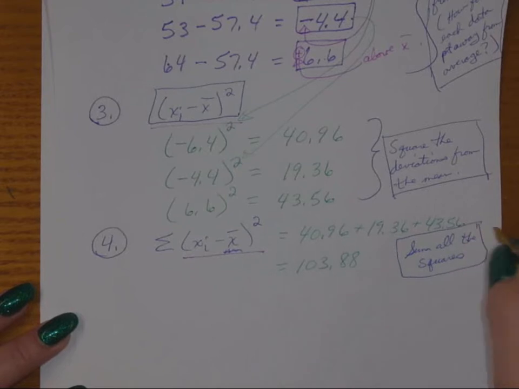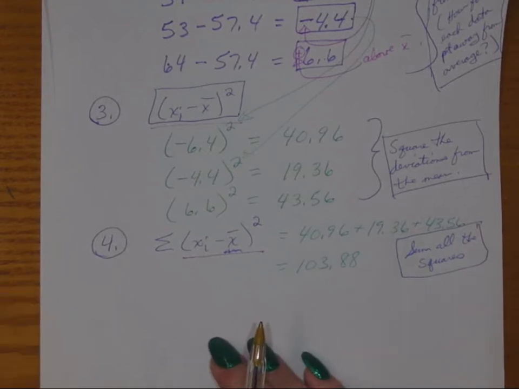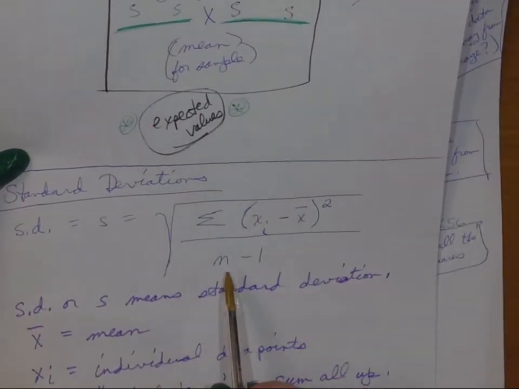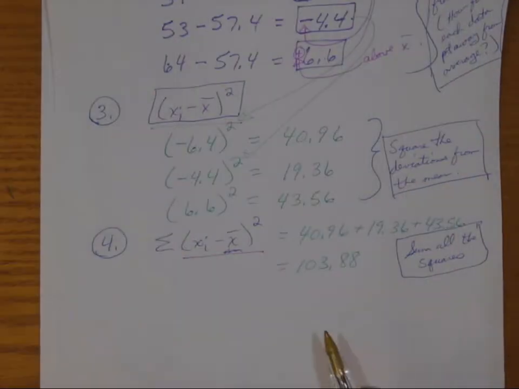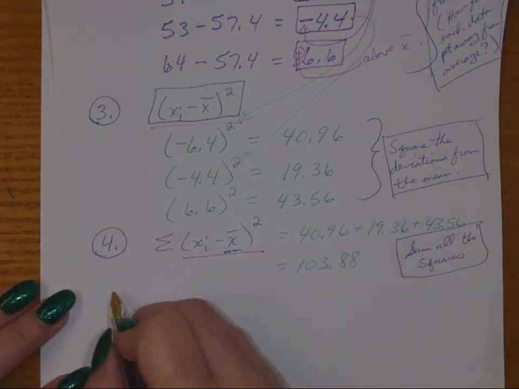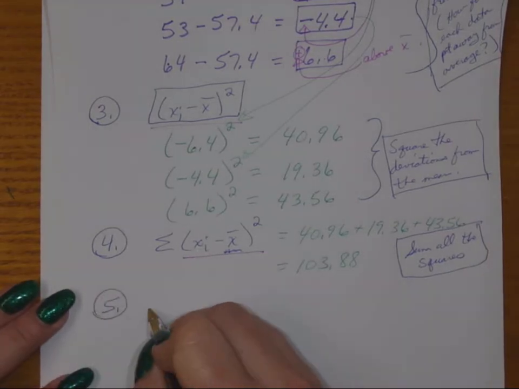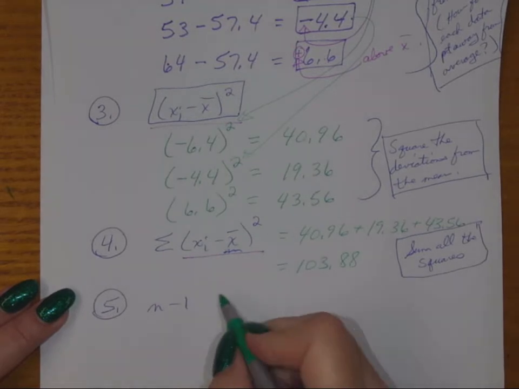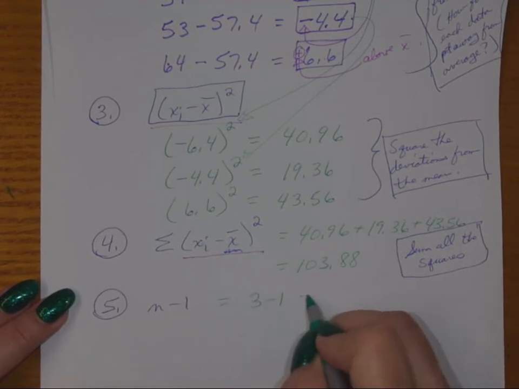That's what that means. Okay, so now we're done with the top. We did everything on the top of this fraction. What's on the bottom is just n minus 1, so that's pretty easy, so don't stress out about that. So we need to do n minus 1. Well, we know that one. There were 3 data points. 3 minus 1 is 2.